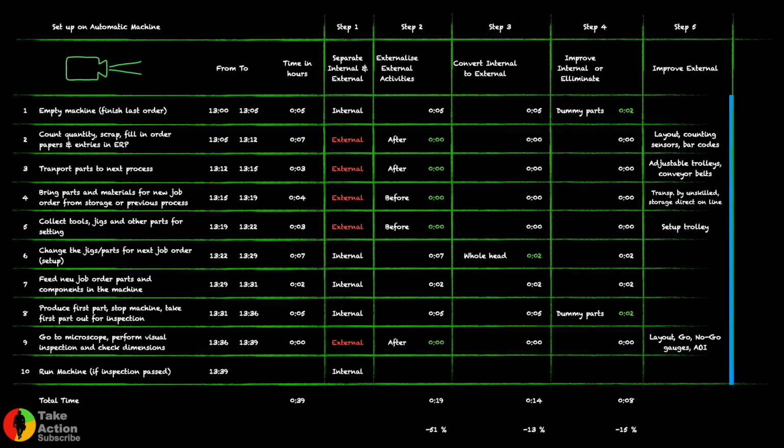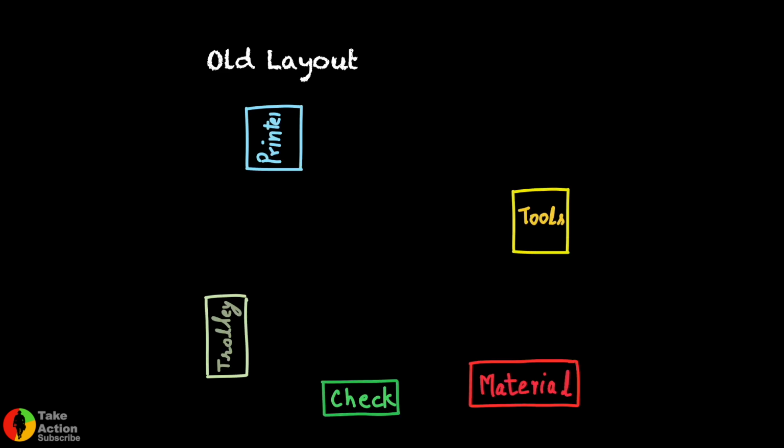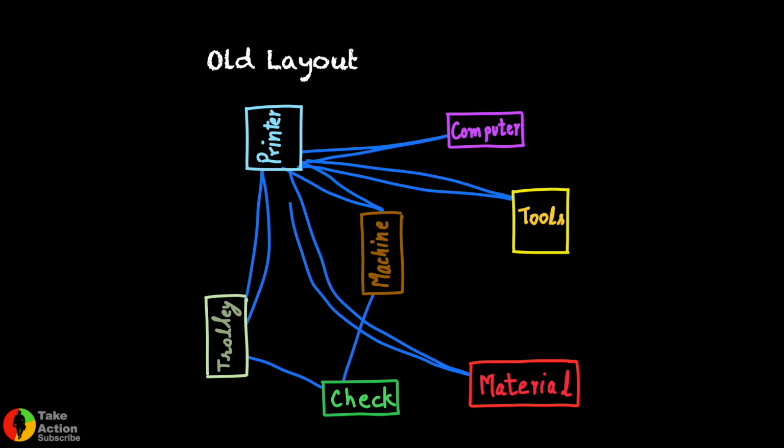For that, one idea would be to check the layout plan if there is any potential for improvement. Maybe in the current state the operator has to go to the computer, take the material, tools and go to the printer, and all that is not in the right sequence, or not in an optimized layout.